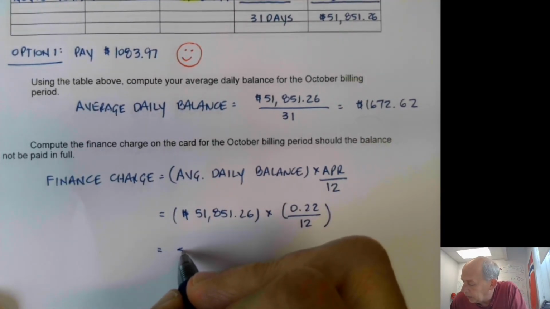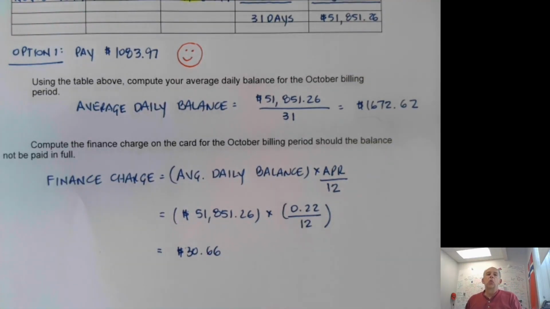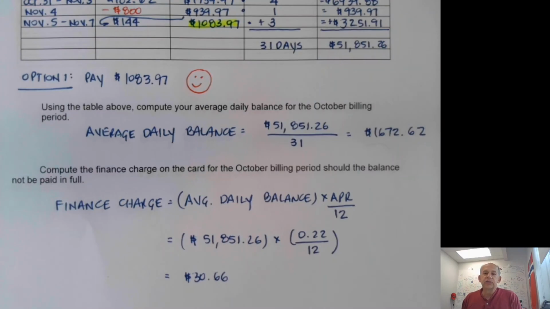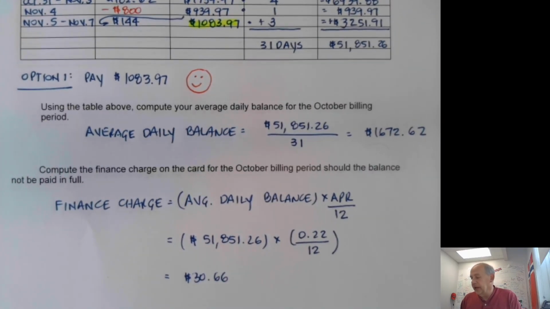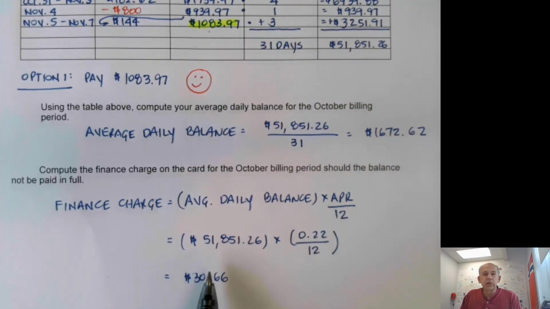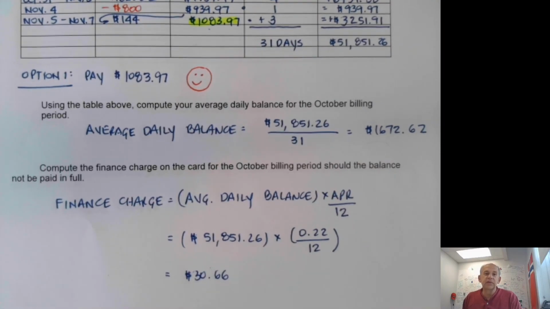So when I multiply those values together, your credit card company will charge you an extra $30.66 because you did not pay off your credit card bill, as sort of a late fee, a penalty fee, and the right to borrow the money. Again, if you pay that amount at the end of the month, you do not have to pay this late fee, this finance charge and interest on your credit card.